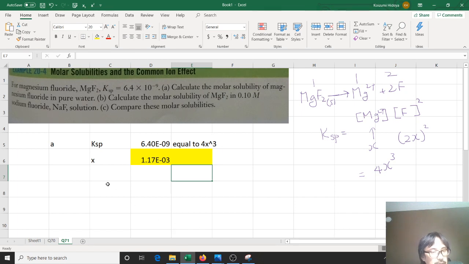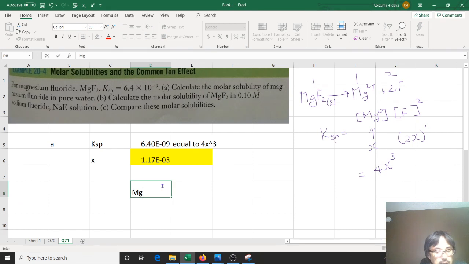And then for part B, what if the MgF2 goes into a solution which already has NaF in there? For the Mg, I'm going to set the concentration as x right here.